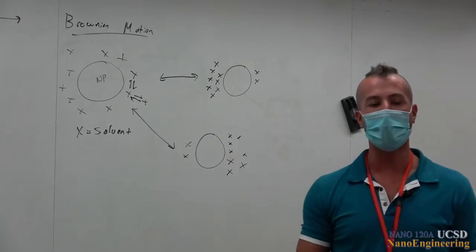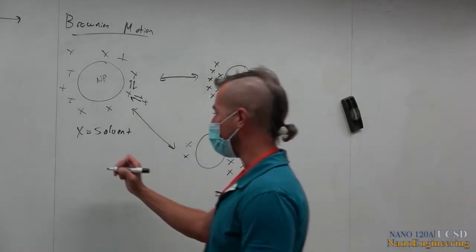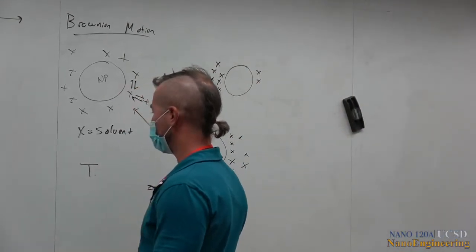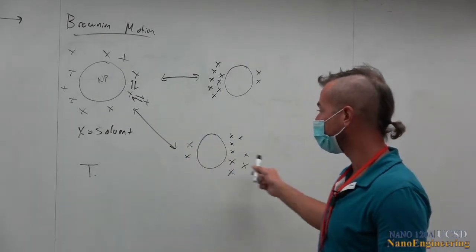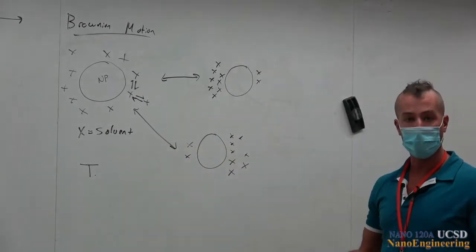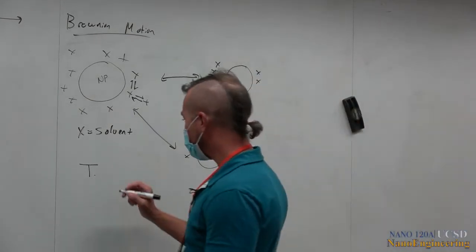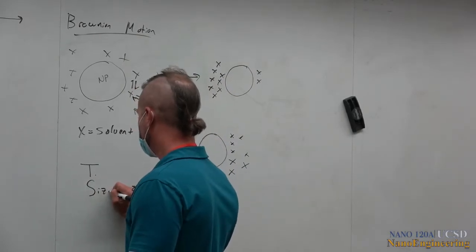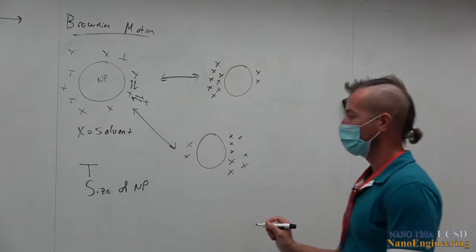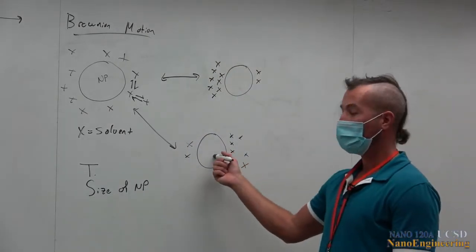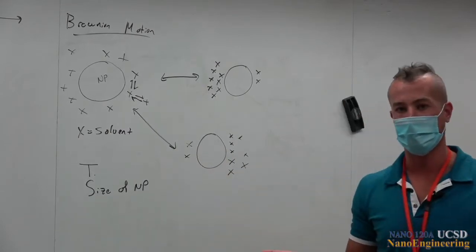Okay? So what do you think affects this? I already hinted at one, which is the temperature. More temperature in the system is going to generally produce more movement. Okay? The other big one is the size of the nanoparticle. A smaller particle is simply free to do more movement, right?